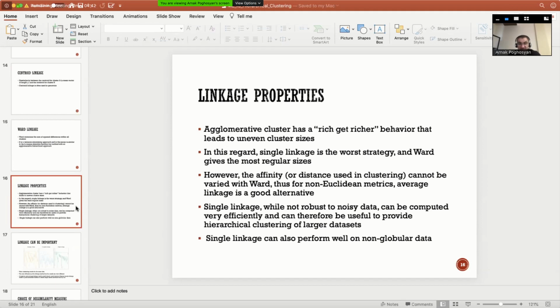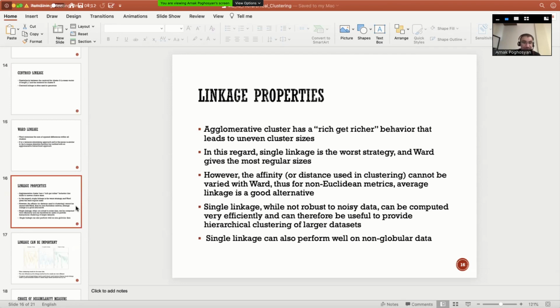So here we see that single linkage, although it is not working very well, can be computed very efficiently. So you see two sides: implementation complexity versus the advantages or disadvantages of the corresponding linkages coming together with some noise. And also you see that single linkage can perform well on non-globular data.